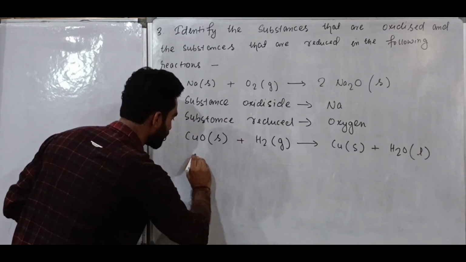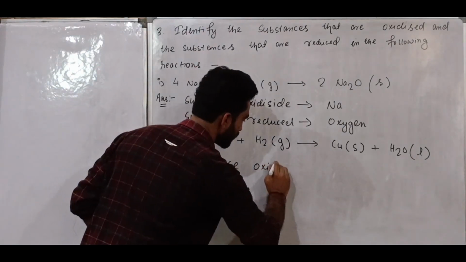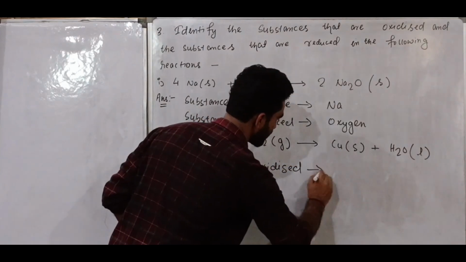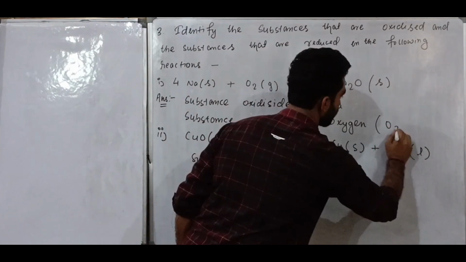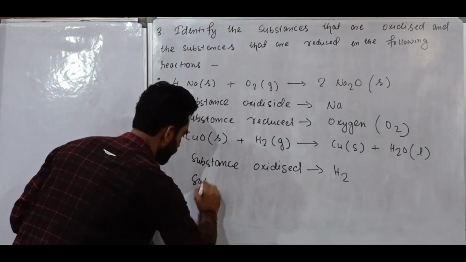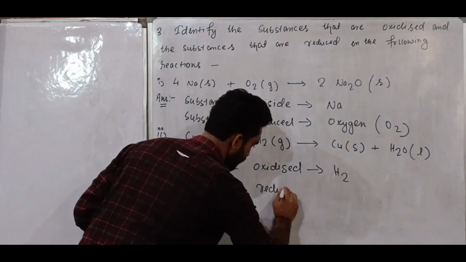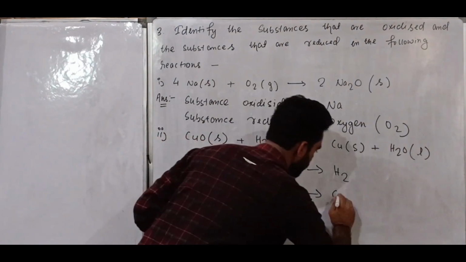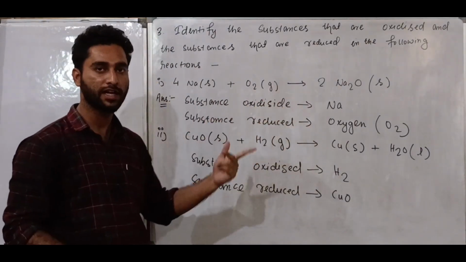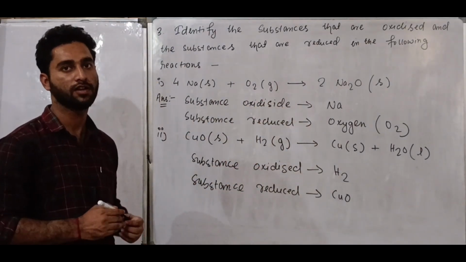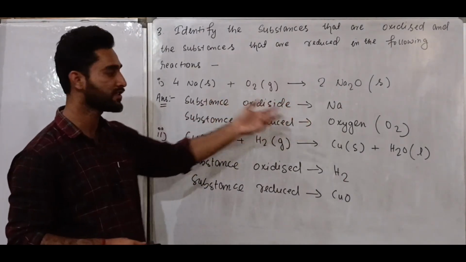So here according to this question, the substance oxidized is hydrogen and the substance reduced is copper oxide. So the losing of electron is called reduction and the gaining of oxygen is called oxidation. So in this way we can easily find out which substances are getting oxidized and which substances are getting reduced.